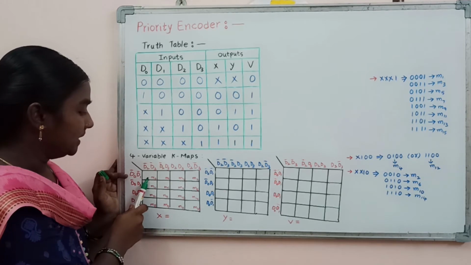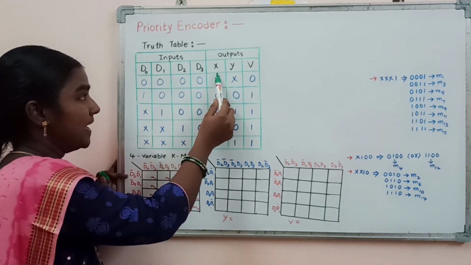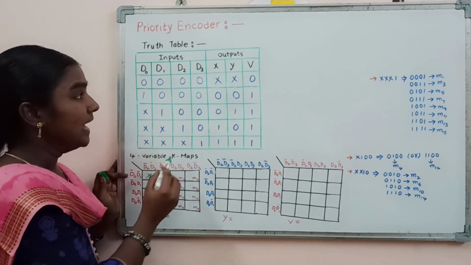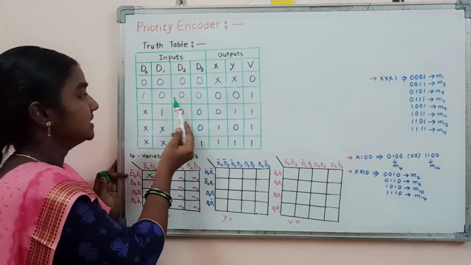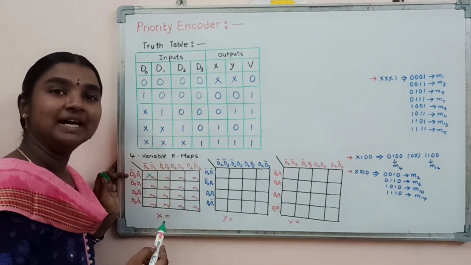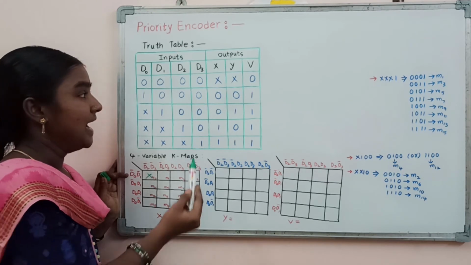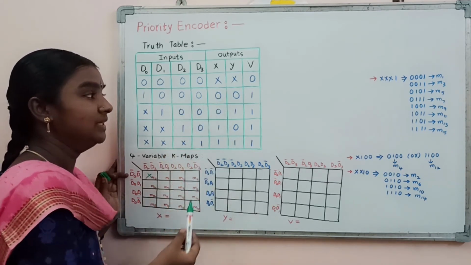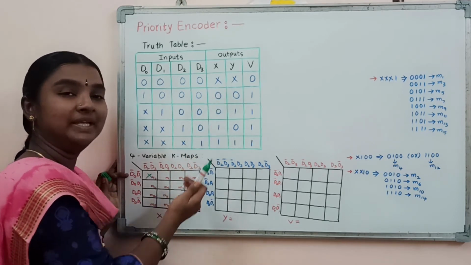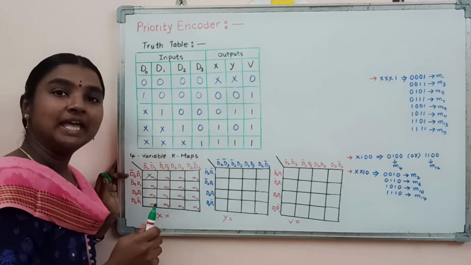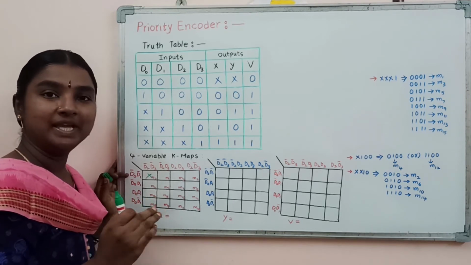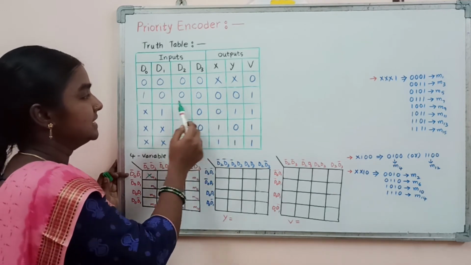For the M0 minterm, the X value is going to be a don't care. Among the other combinations, 1 0 0 0 indicates the M8 minterm, and this M8 minterm has the value 0, so we are not going to consider it in this K-map, because in the K-map we consider only ones and don't cares. So we leave this combination.